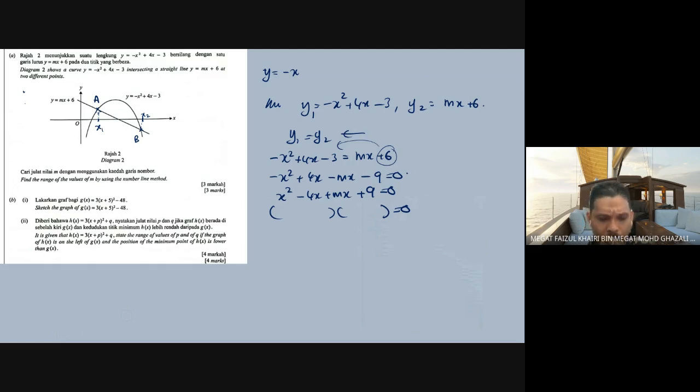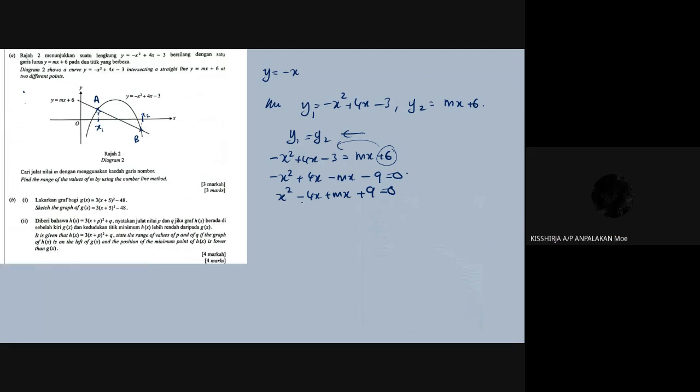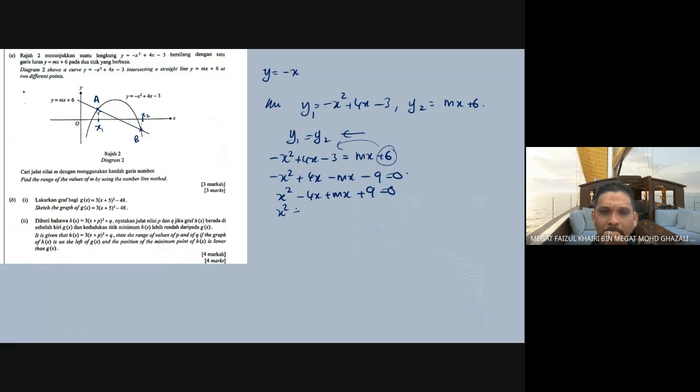So b squared minus 4ac, right? Are we going to use the b squared minus 4ac? X squared plus negative 4 plus m x plus 9 equal to 0. B squared minus 4ac, where this is b, negative 4 plus m, squared, minus 4 times a and c.